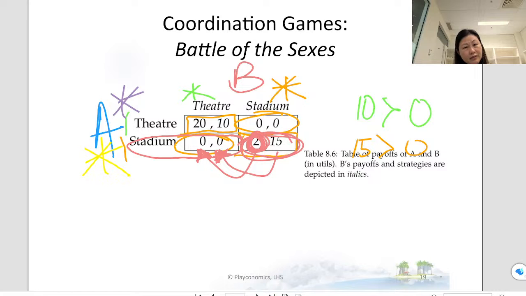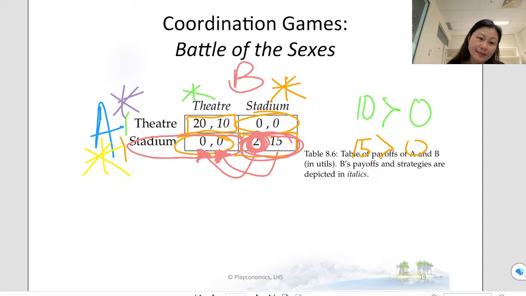For your exams, you need to check all the other strategy profiles. In this instance, when there isn't a dominant strategy, you need to make sure you check all your strategy profiles. The question that you're asking is, is there an optimal deviation for player A?